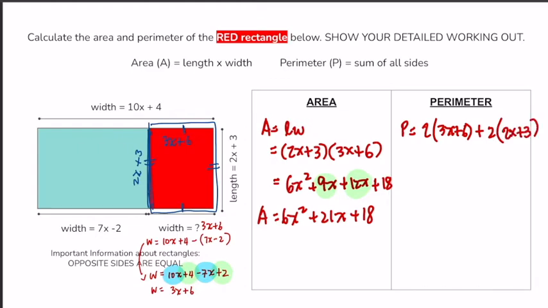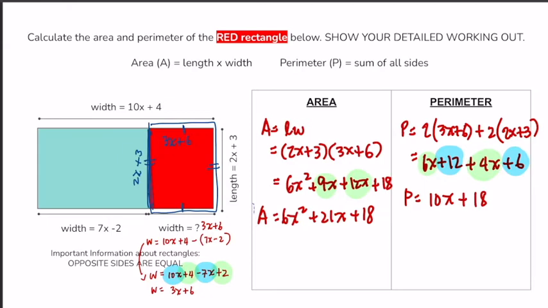And do your expansion. So this becomes 6x plus 12 plus 4x plus 6. These are like terms, and these are like terms because they are constants. So P is equal to 10x plus 18.